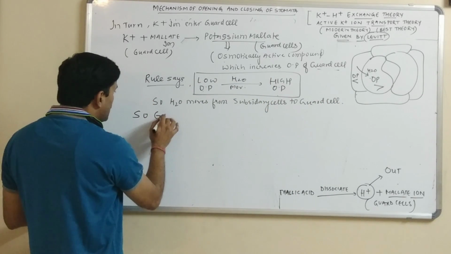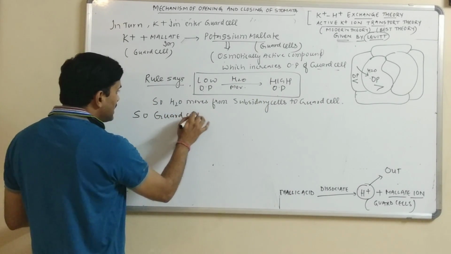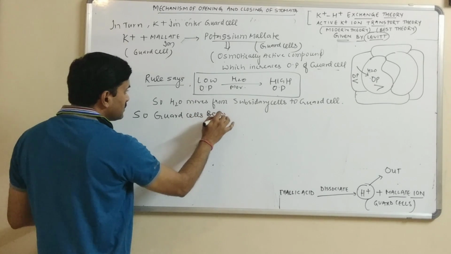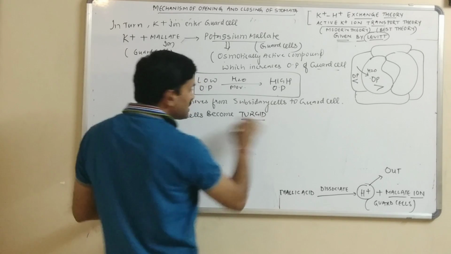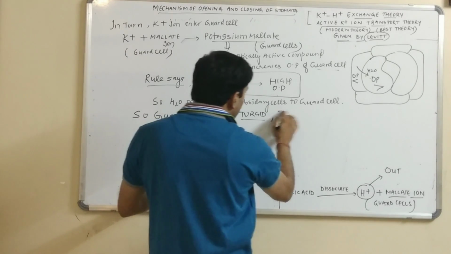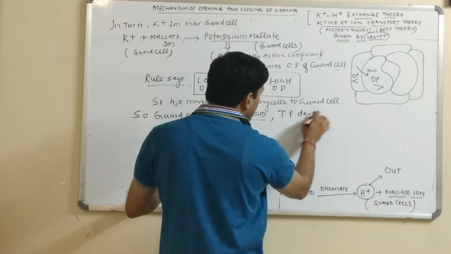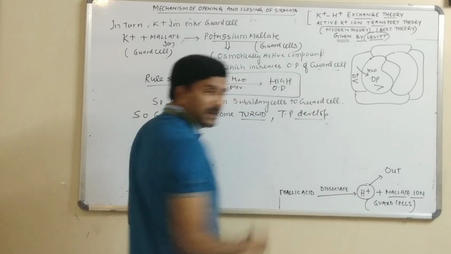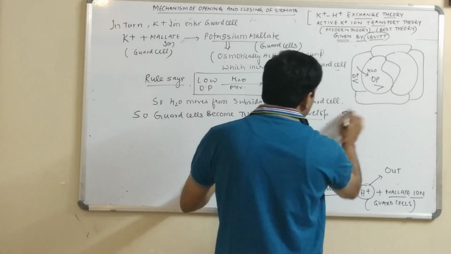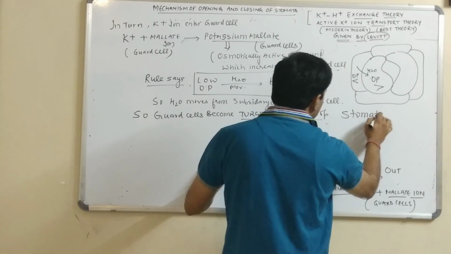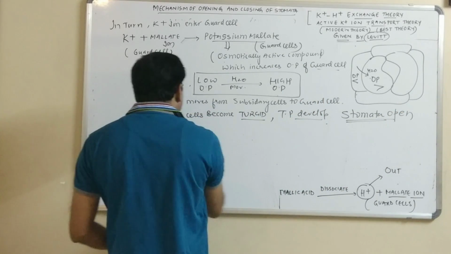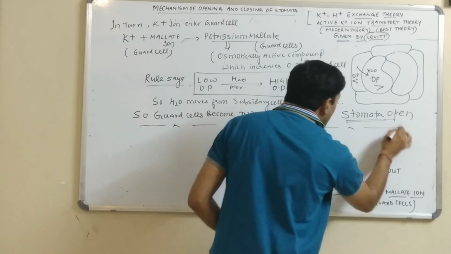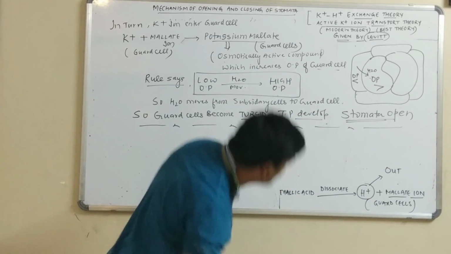So guard cells become turgid. TP develops, you know TP means turgor pressure, and ultimately the stomata open.